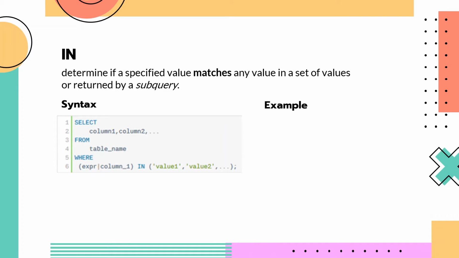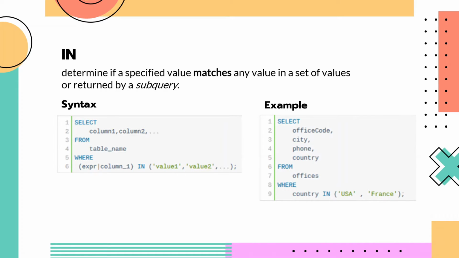On the right side, we can see the example to use the IN operator. Select office code, city, phone, country from offices, where country in USA, France. So we will select the data if the country is USA or France. It means that we want to select the data if the value matches with the set of values.